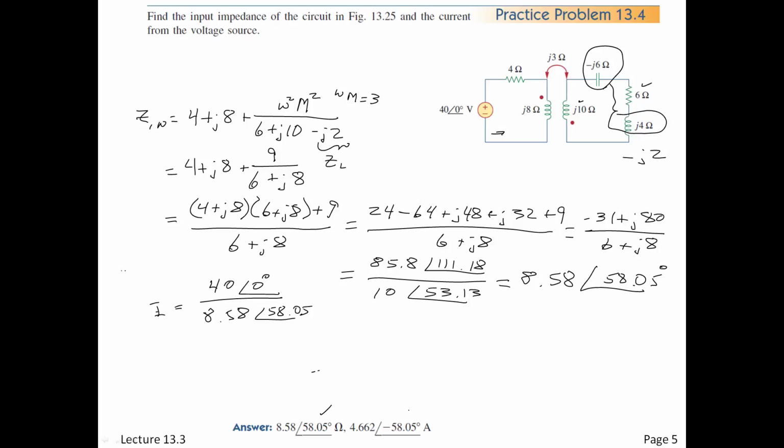And we're very hopeful here because this is going to end up a minus sign, and 40 divided by 8 is 5. It's going to be something just under 5. So I think we're good here with this number. Okay?